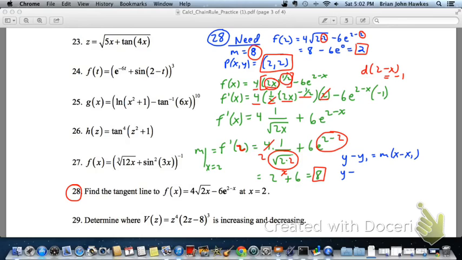We're going to replace y1 with our 2, our y-coordinate, replace m with 8, and replace our x1 with 2. And that right there is the equation of the tangent line to the curve y equals f of x at the point 2, 2, or when x is equal to 2.